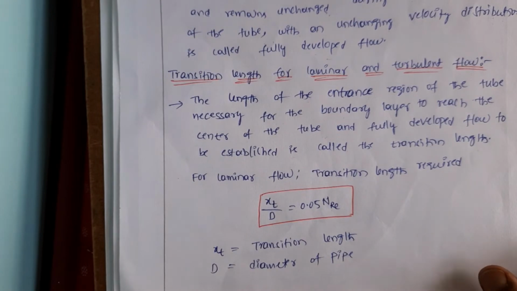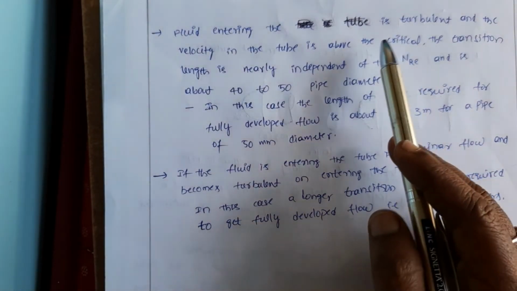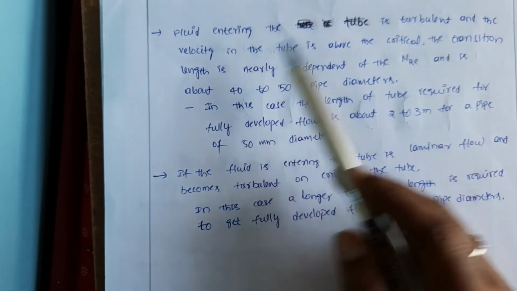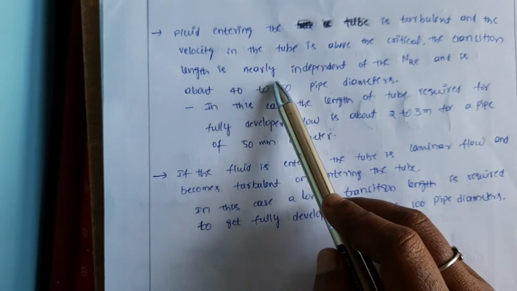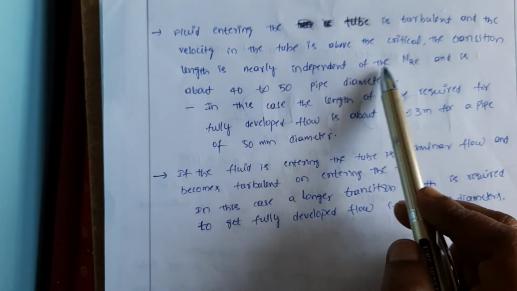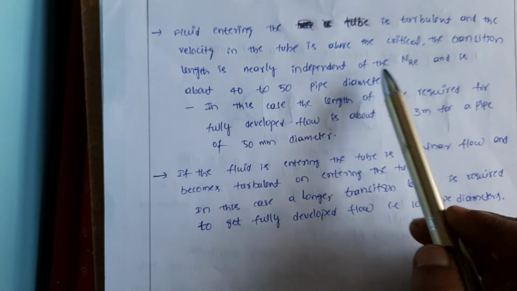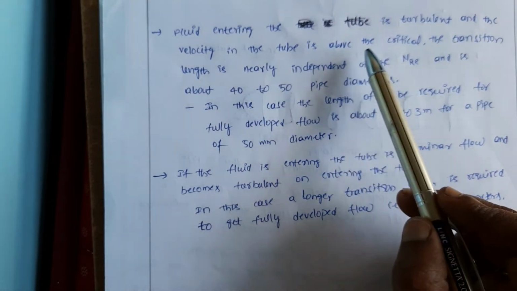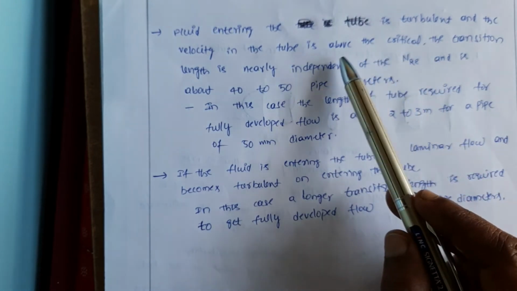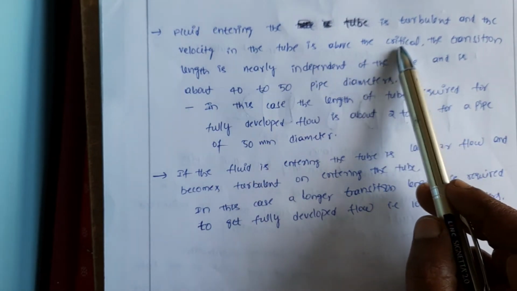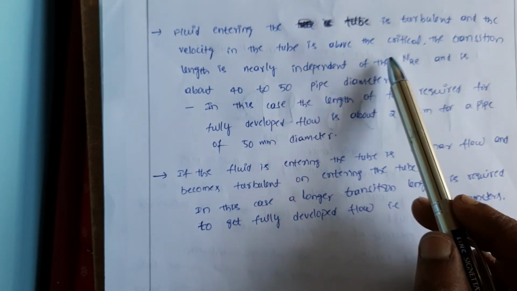For turbulent flow, suppose the fluid entering the tube is turbulent and the velocity in the tube is above the critical velocity. The transition length is nearly independent of the NRe and is about 40 to 50 pipe diameters.